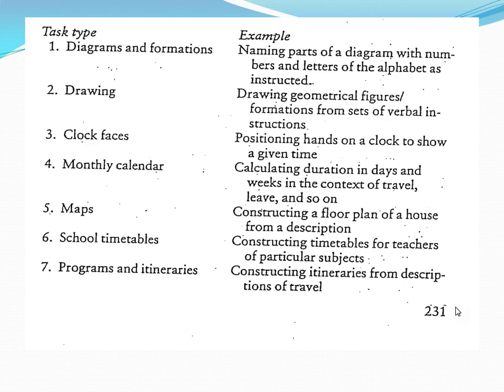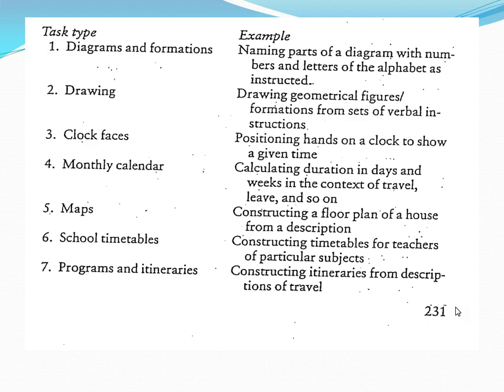So the teacher can show you, you have to study the diagram. Again, drawing: you can draw the picture, drawing geometrical features, formation from sets of verbal instruction, clock faces, positioning hands, anti-clockwise and clockwise. Monthly calendar you can study, or you can put on.